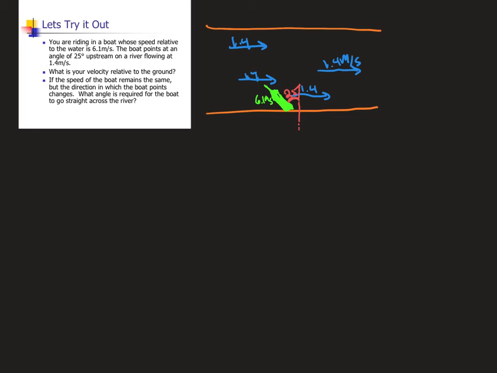Now, there's a lot going on here, so we're going to have to redraw some of this to get rid of some of the extra things. I think it might be better to draw out one of my 1.4s and then connect that with my boat.